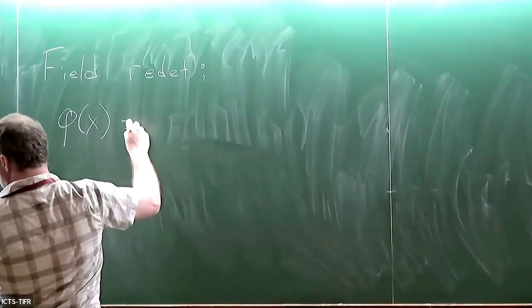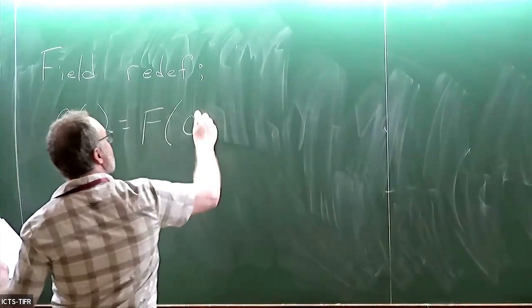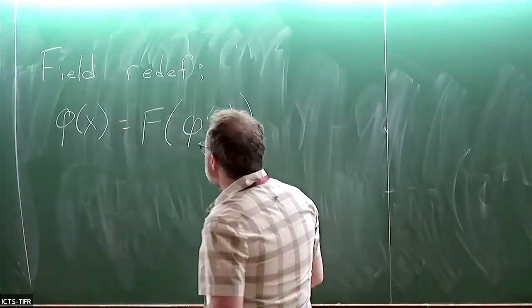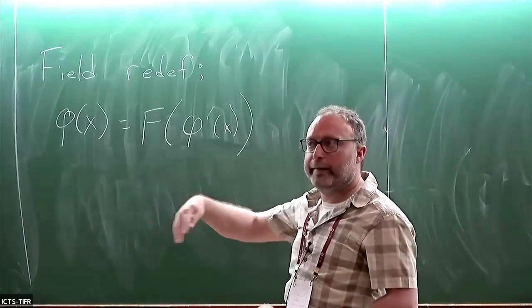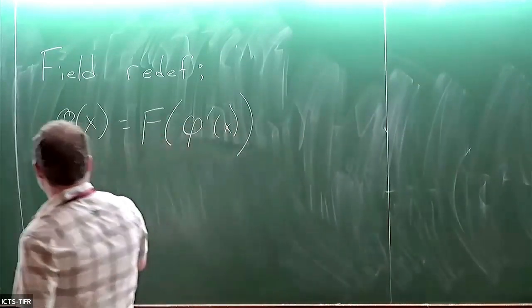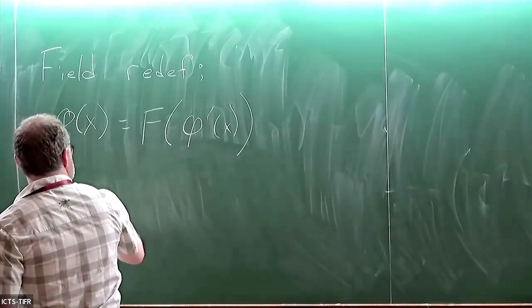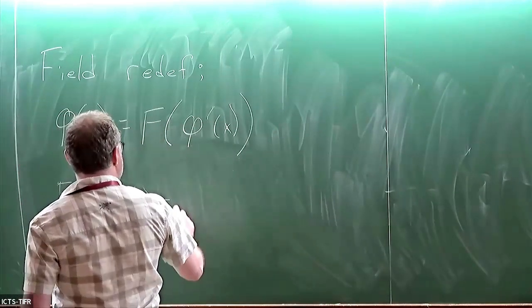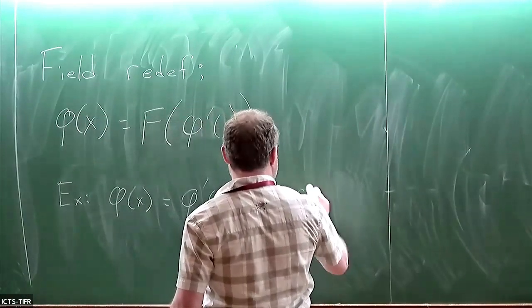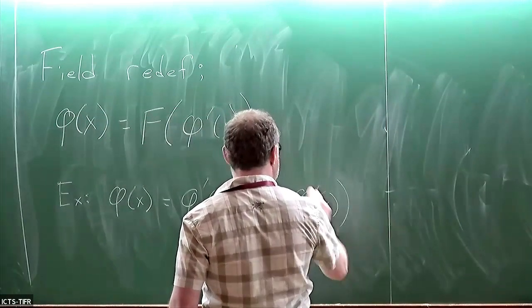So we have phi of x is some function f of phi prime of x, okay? So this is like, as an example, phi of x equals phi prime of x plus some coefficient times phi prime of x squared.